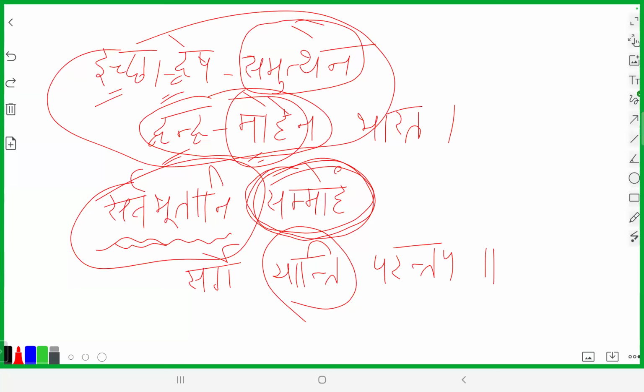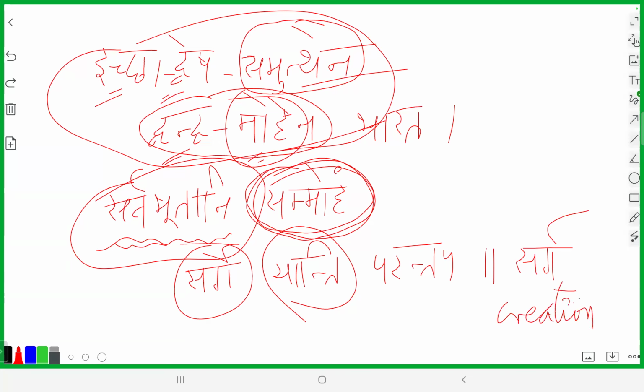So tritiya vibhakti, samuthena mohena. Fine. Sarge, saptami ekavachanam, sarga is creation. In creation, this is what is happening. Fine? Okay, go to 8.8.